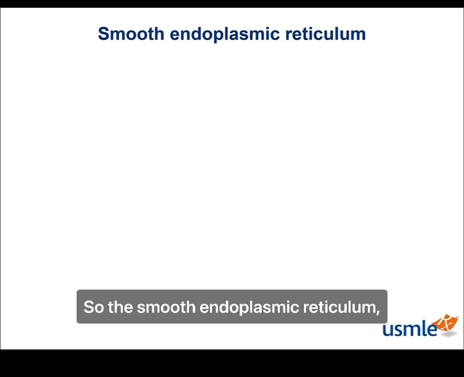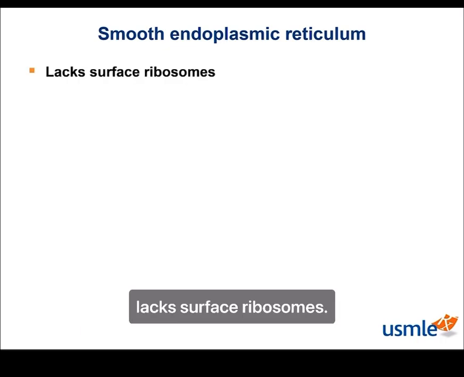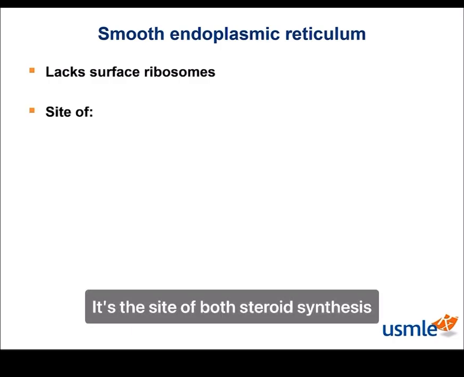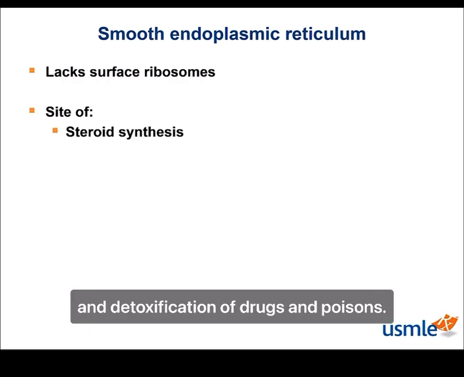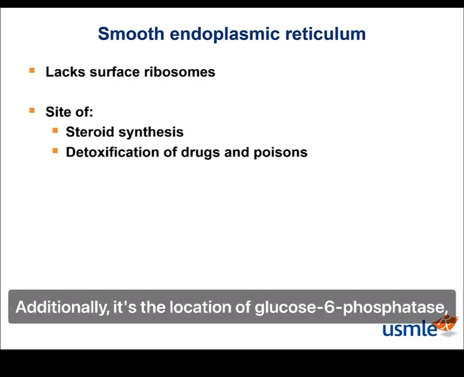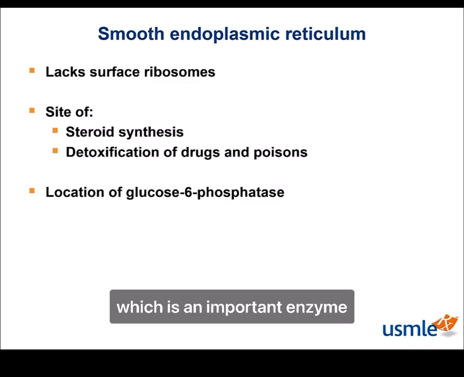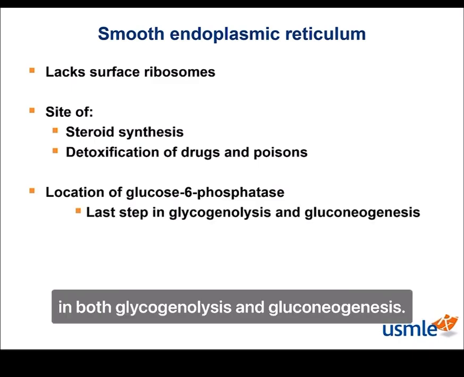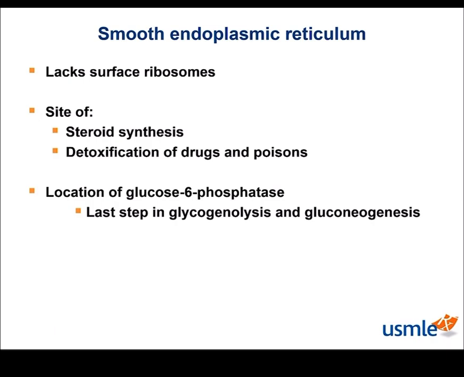So the smooth endoplasmic reticulum, as we already noted on the last slide, lacks surface ribosomes. It's the site of both steroid synthesis and detoxification of drugs and poisons. Additionally, it's the location of glucose 6-phosphatase, which is an important enzyme in both glycogenolysis and gluconeogenesis.